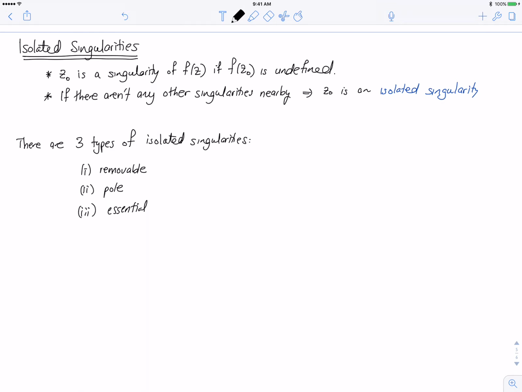Now, what do these three terms mean? Well, if you remember before when I was introducing the idea of a Laurent series, I talked about the principal part of a Laurent series. And I mentioned that it's important to be able to figure out how many terms make up that principal part. And the reason I said that is because that's what determines what sort of an isolated singularity you have.